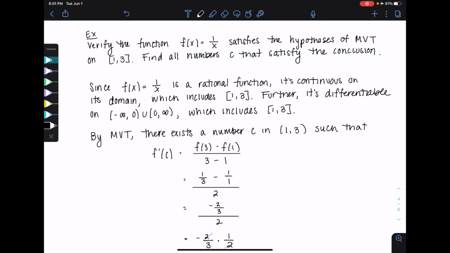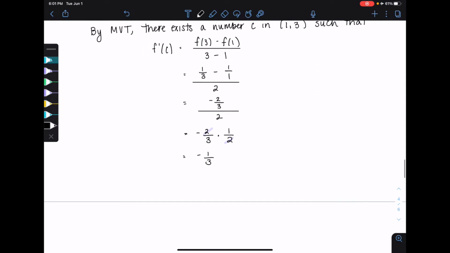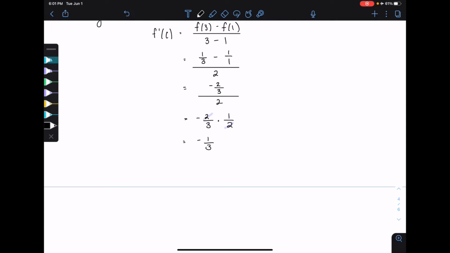So now I want to see, where does the derivative equal negative 1/3? Okay. So since our function f of x is 1 over x, which is really x to the negative 1, we have the derivative f prime, applying that power rule, negative 1 x to the negative 2, or negative 1 over x squared.